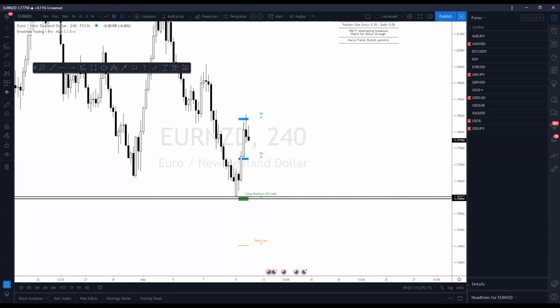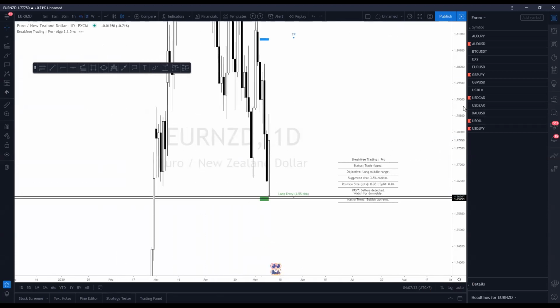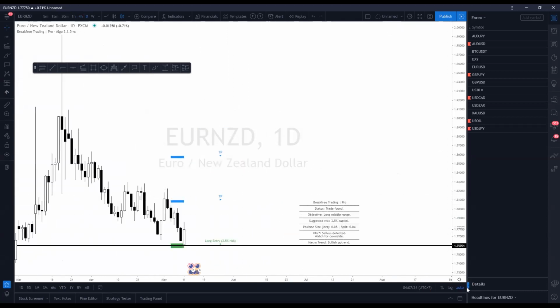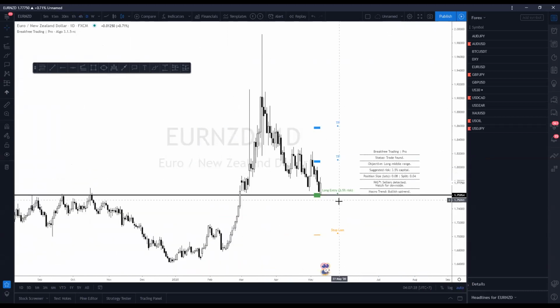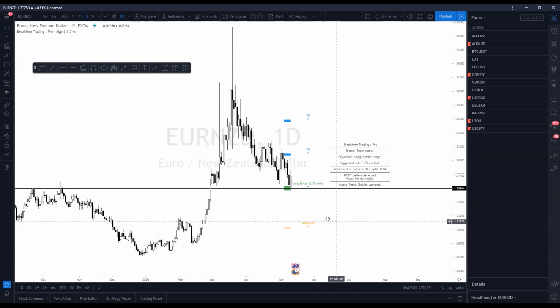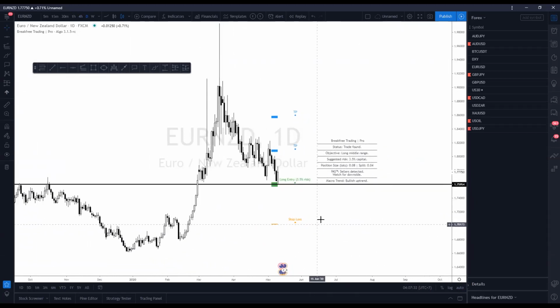Would you say your NZD is still valid on daily? Looks like it's respecting price structure point now. Yeah, I mean, I would say it's still valid.